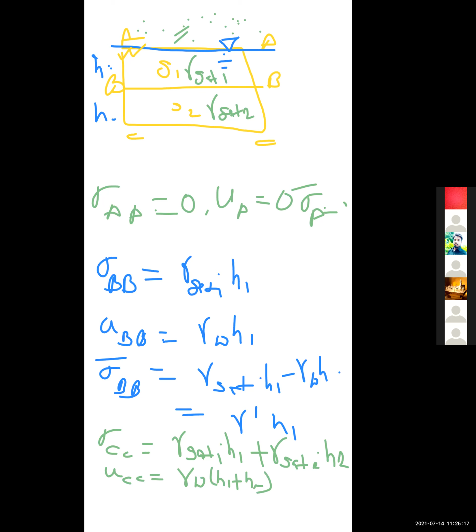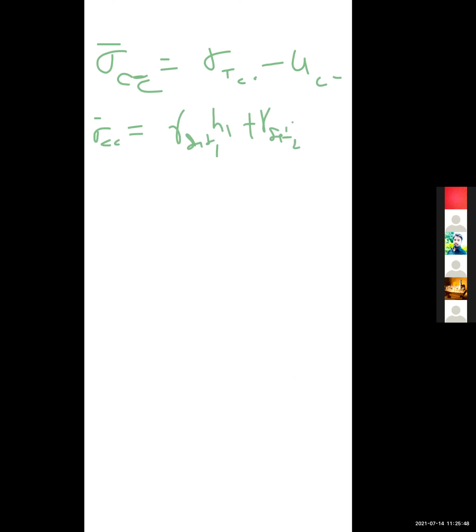Now we can write the effective stress at CC. How much? Total stress minus pore water pressure. So what is the total stress? Gamma sat 1 into H1 plus gamma sat 2 into H2, minus gamma W H1 plus gamma W H2.